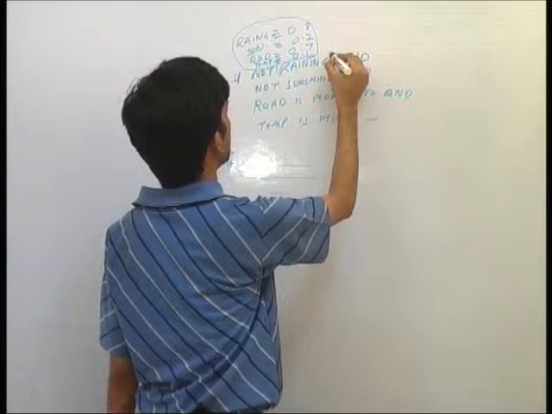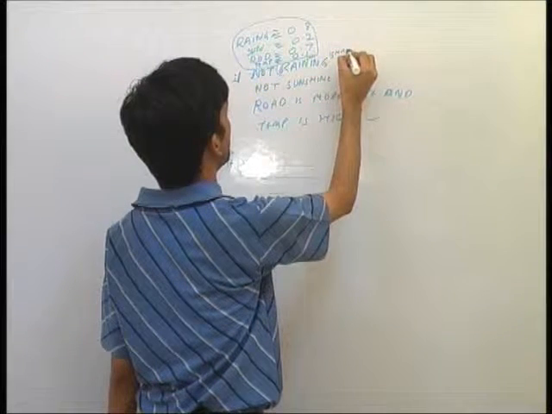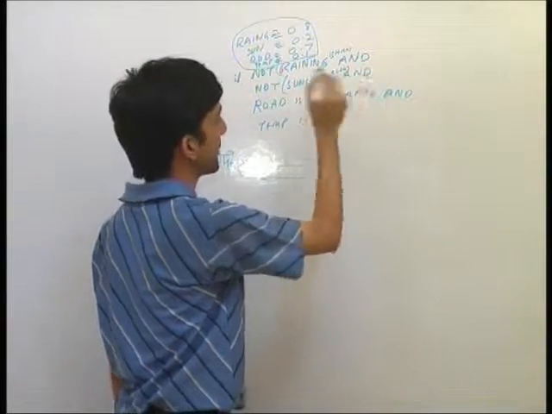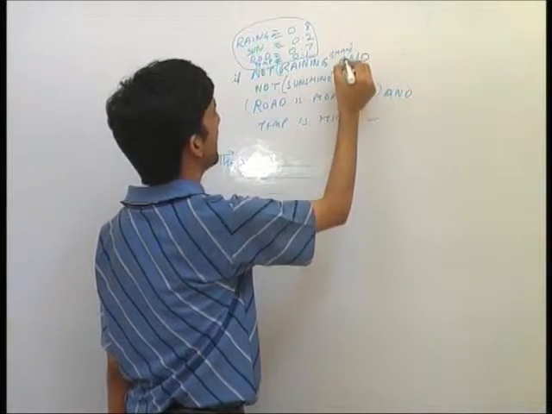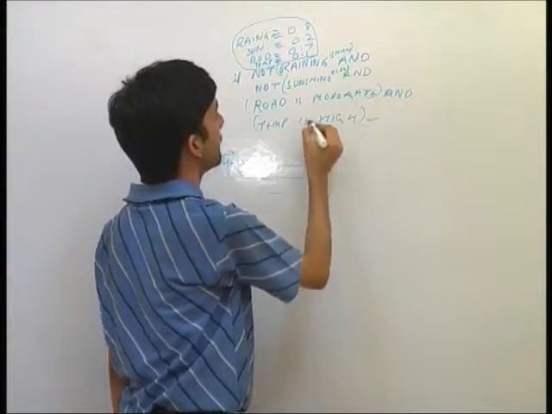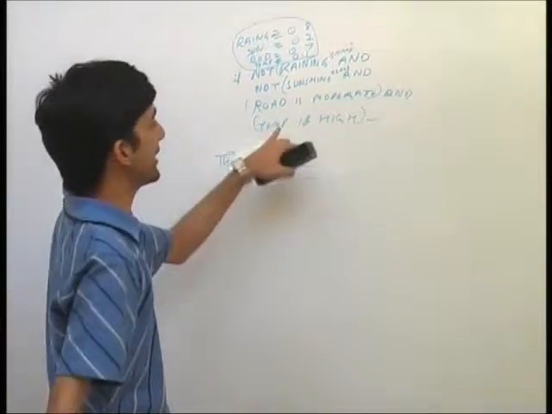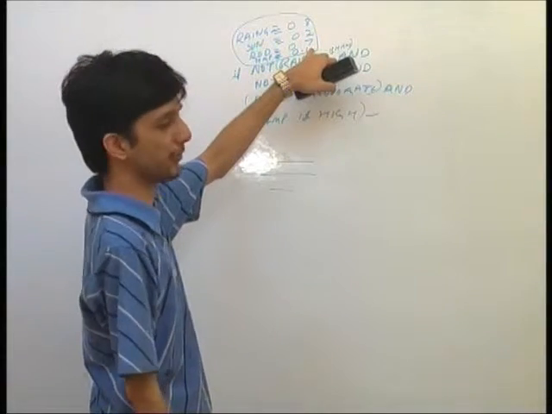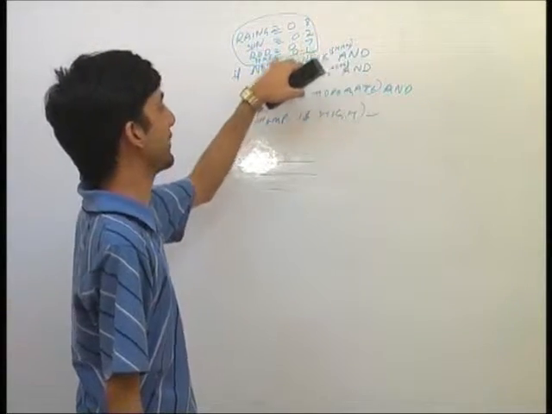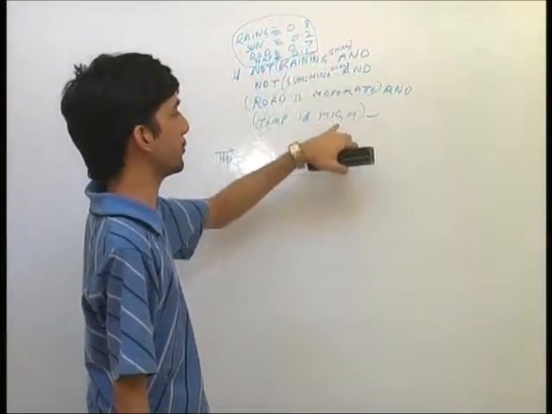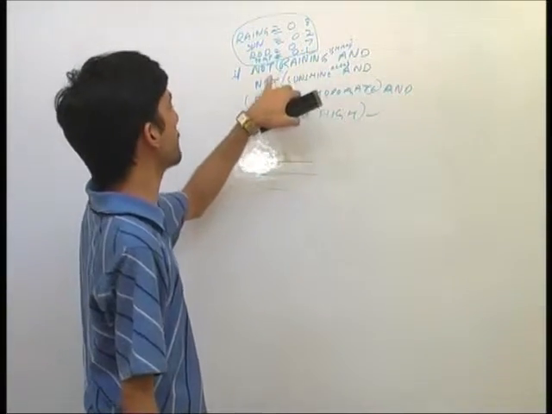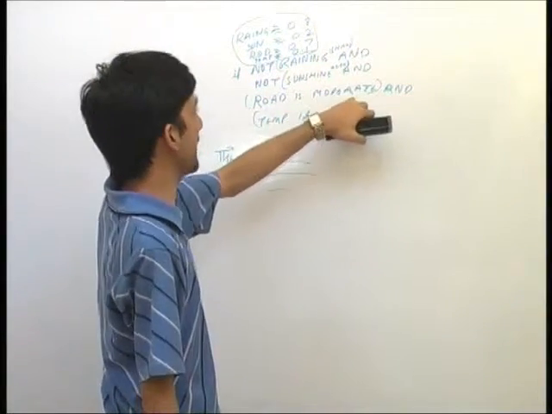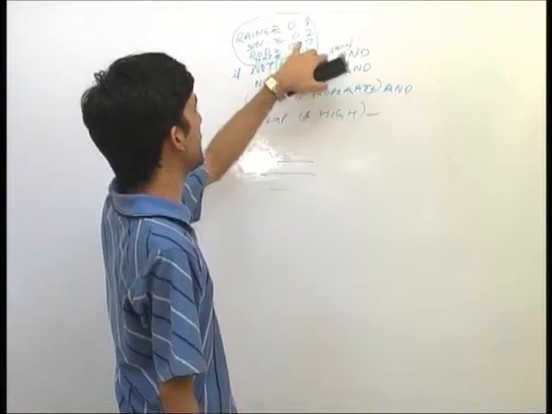I'll basically use something like not raining is high and sunshine is low. I'll have to associate them with some membership functions, and these two are fine. Temperature shows a membership of 0.1 to the membership function high. Road shows a membership of 0.7 to the membership function called moderate. Sunshine shows a membership of 0.2.